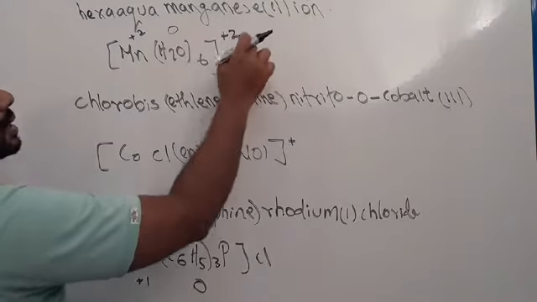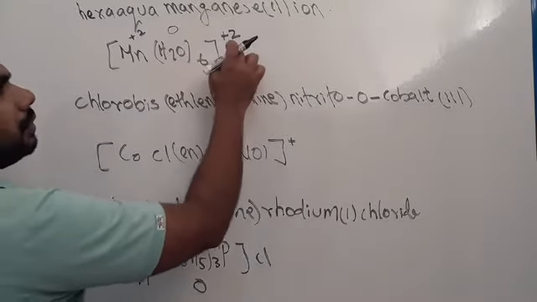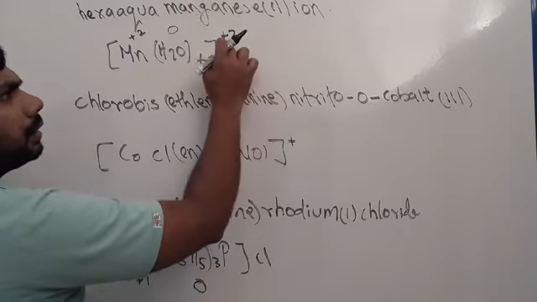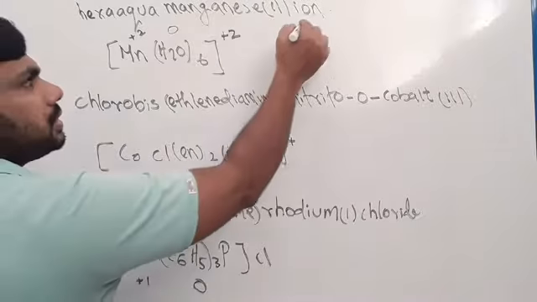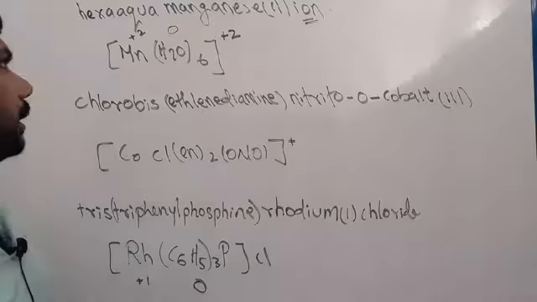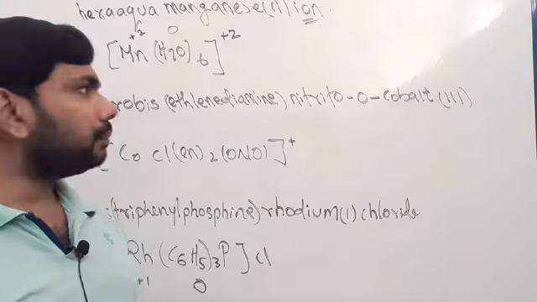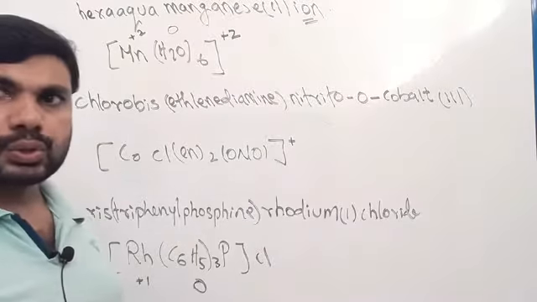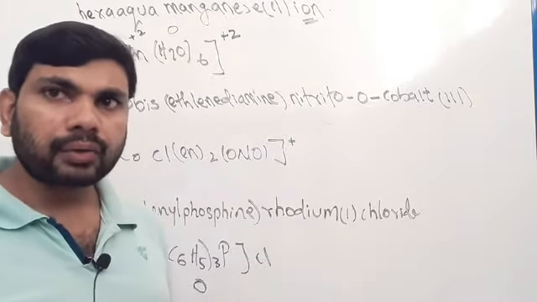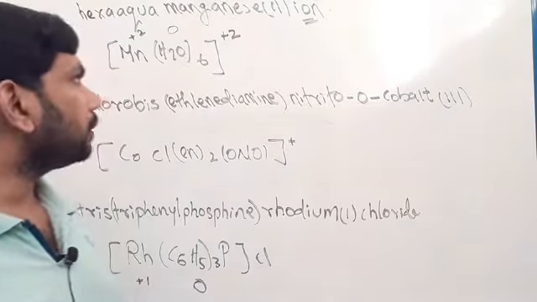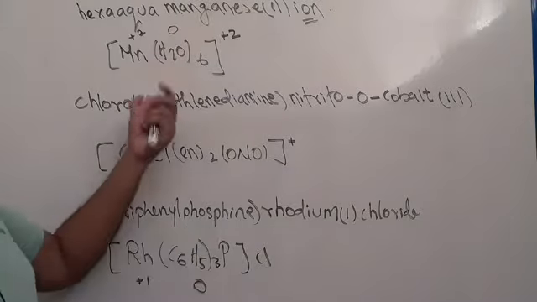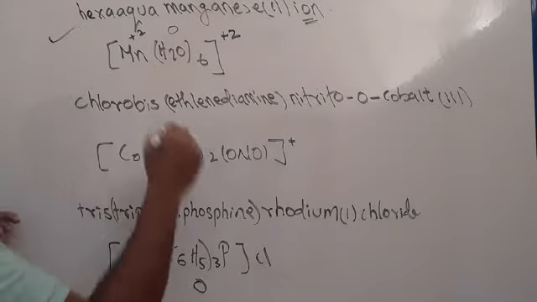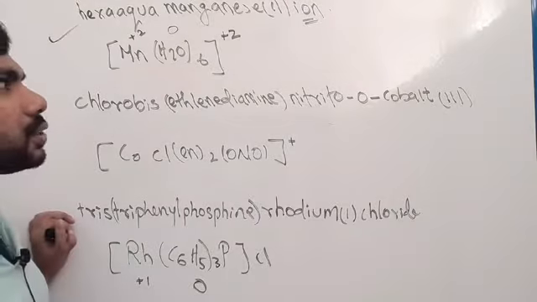The overall charge will be plus 2 because it is an ion. Mn(H2O)6 in square bracket with plus 2. So this is a coordination compound with charge, clear? This is the name of this coordination compound, hexaaquamanganese 2 ion.